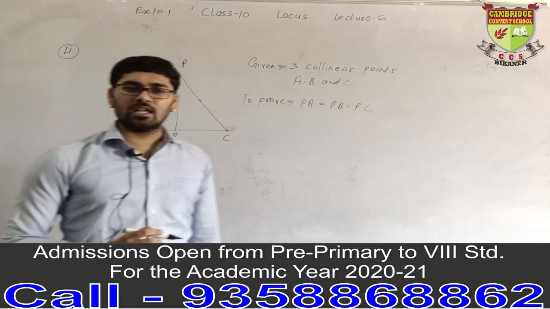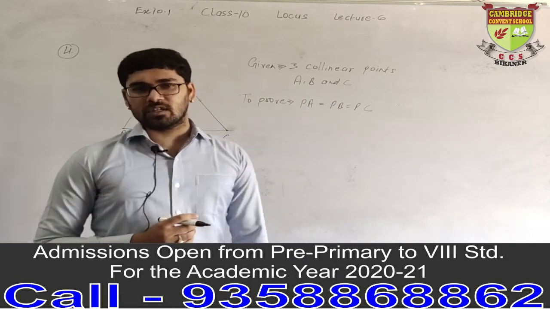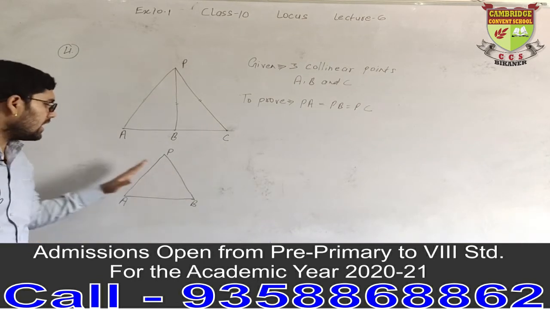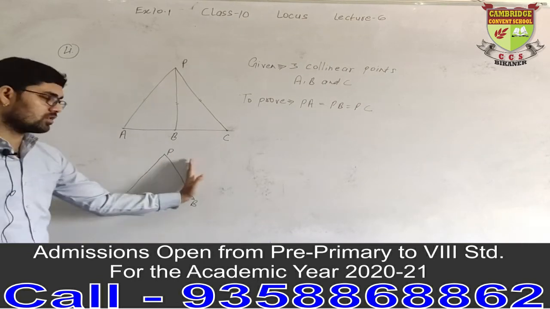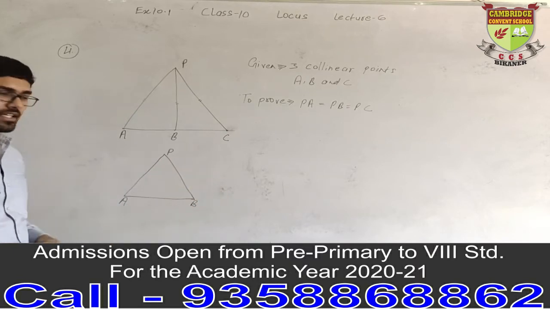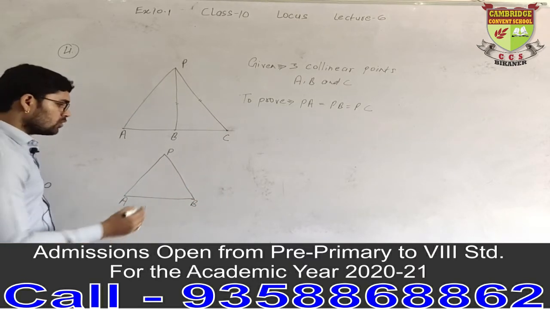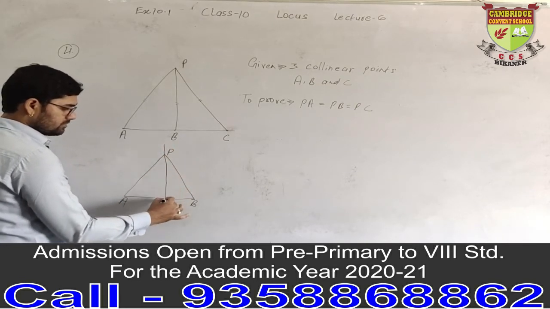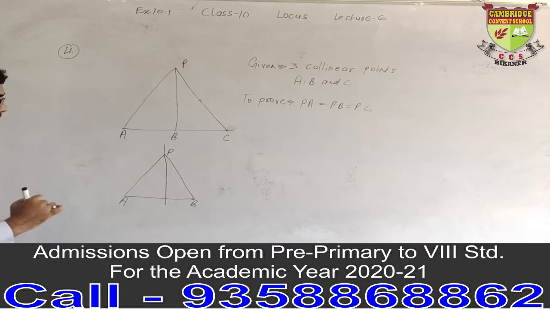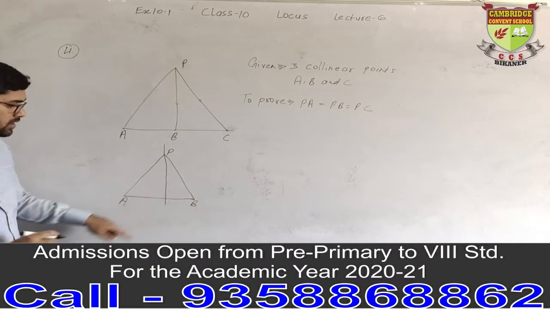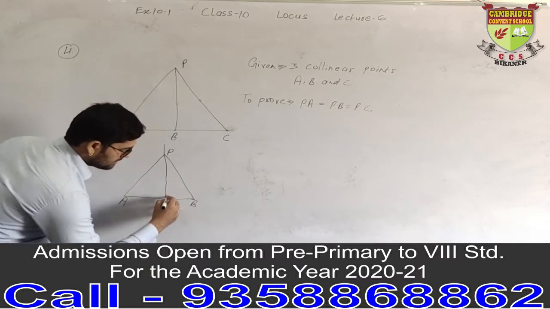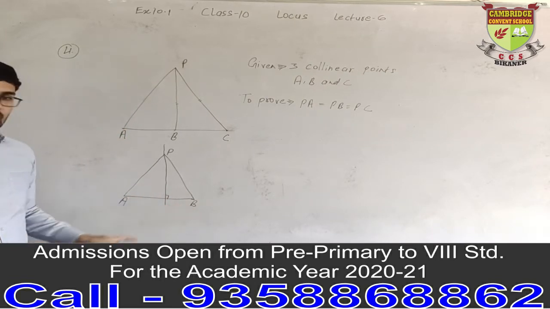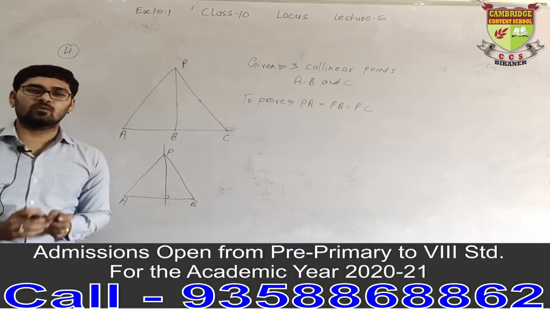If you remember theorem 10.1, the theorem said that if 2 sides of a triangle are equal, and you draw a perpendicular from this vertex, then due to this 90-degree angle, the base will be divided into two equal parts.